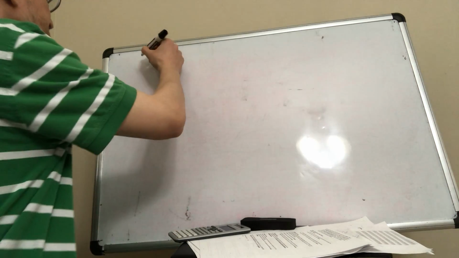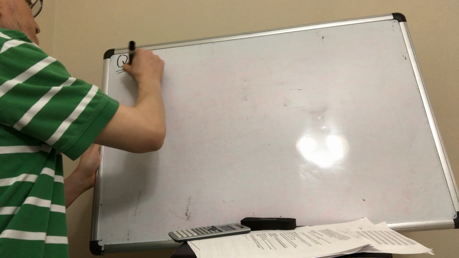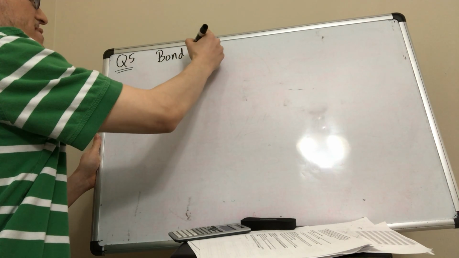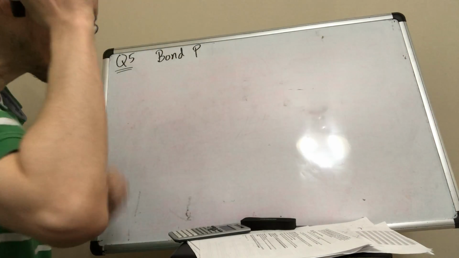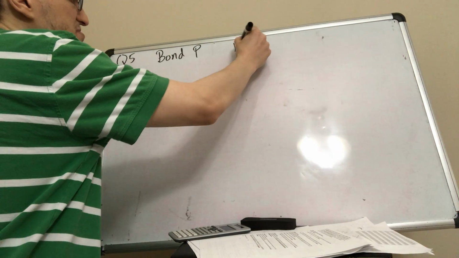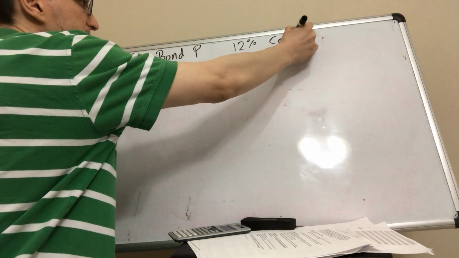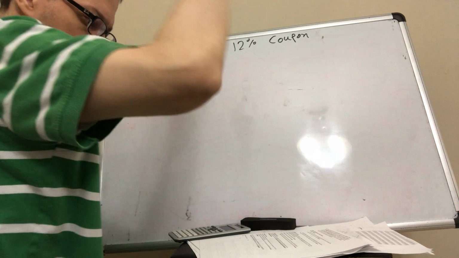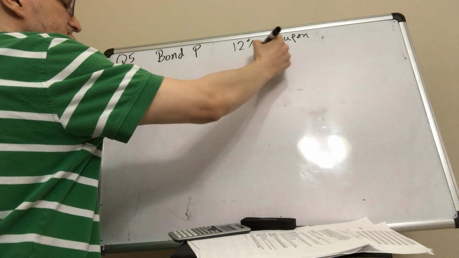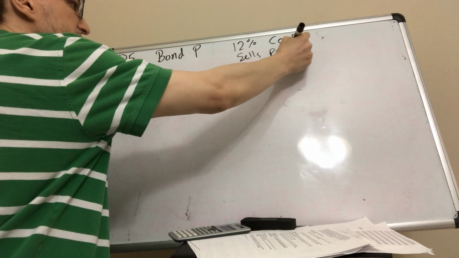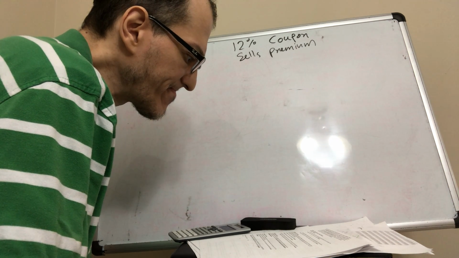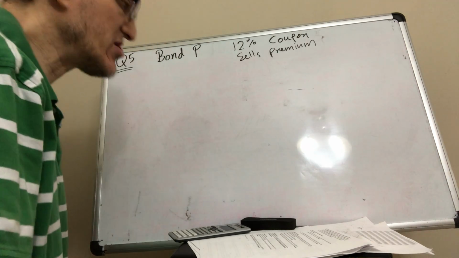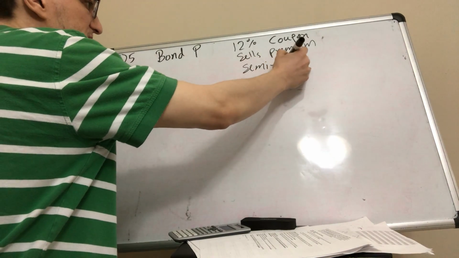So we're going to start with question 5. It's about bond, and they tell you here you have bond P, 12% coupon, sells at premium, they have semi-annual payments, even if they don't say semi-annual.